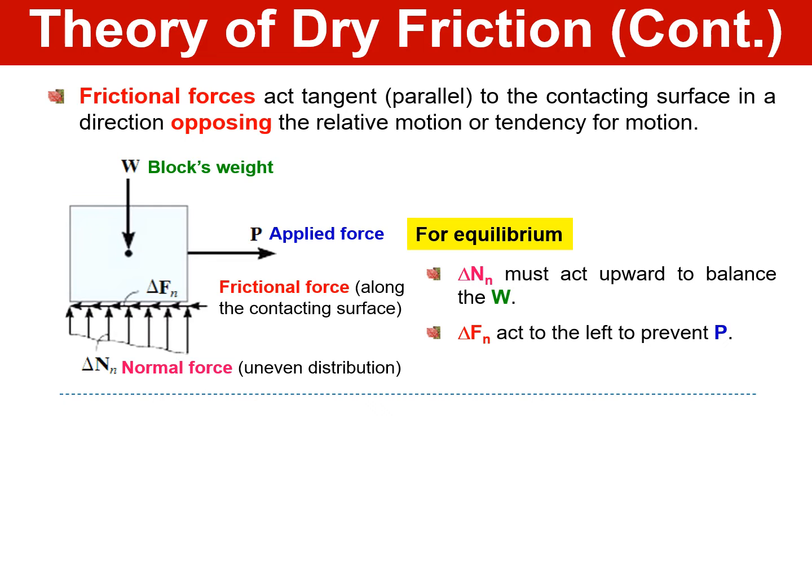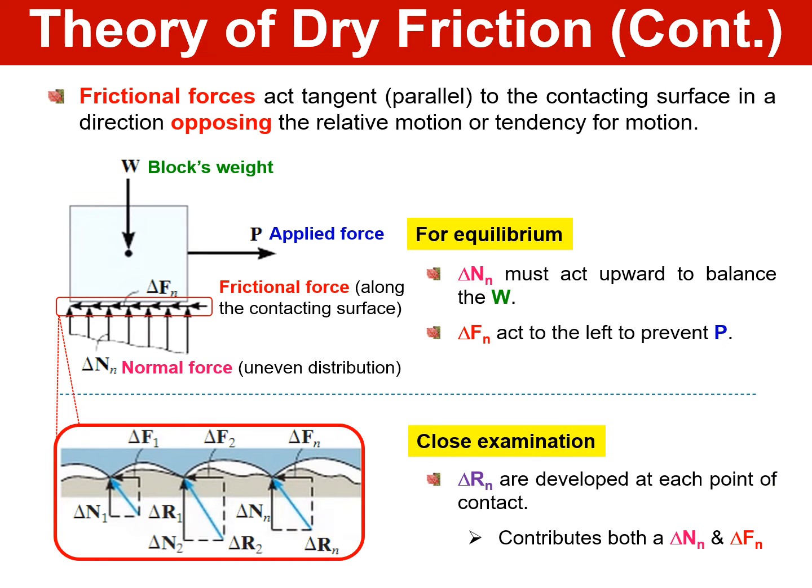The normal force must act upwards to balance the weight of the box, while the frictional force must act opposite to the motion. If the force P is going to the right, which makes the box move to the right, then the frictional force must be acting in the left direction.